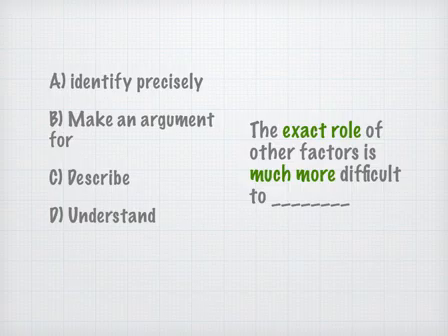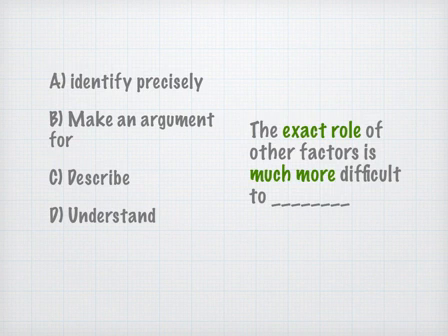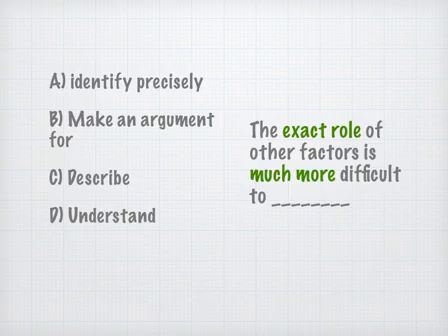Now we've got the word exact here. And in the first option, we have the word precisely. Exact and precisely go together, so we'll keep that. Make an argument for. We can't really see anything in the context of this particular sentence segment that is looking at making an argument.